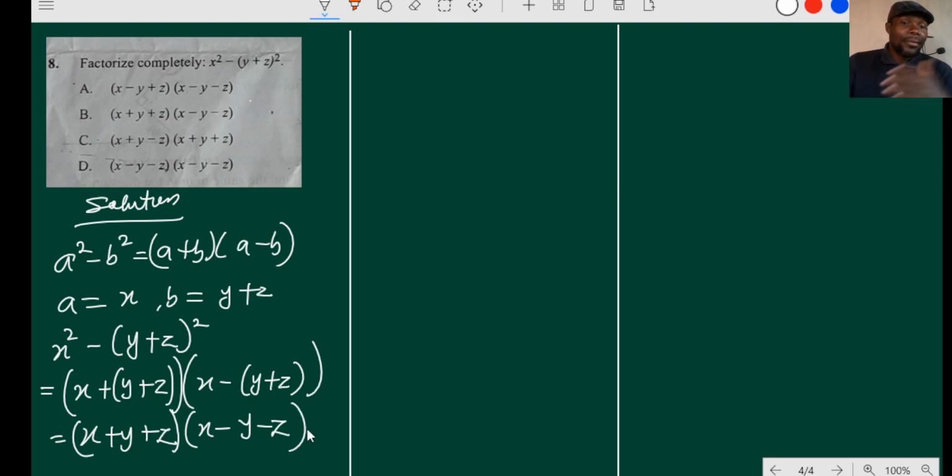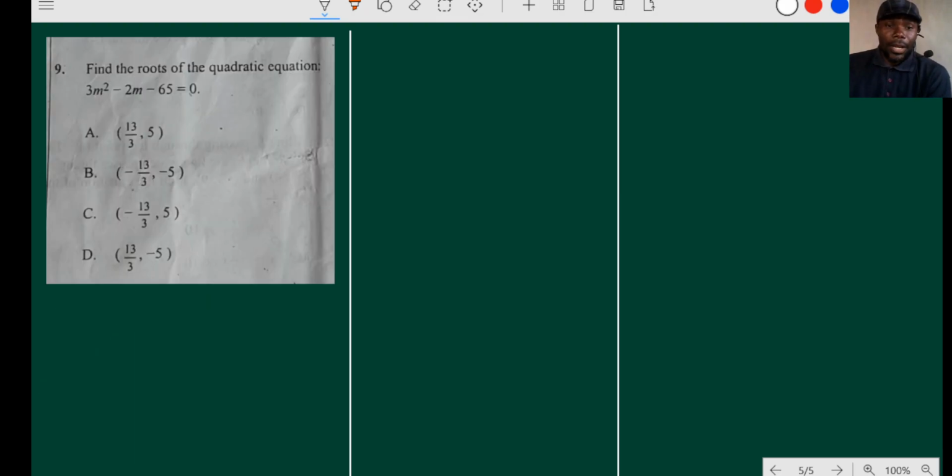So without wasting much of your time, the answer is x plus y plus z and x minus y minus z. So let's find where it is. From the b part, you're able to see x plus y plus z, x minus y minus z. So the answer here is just b.